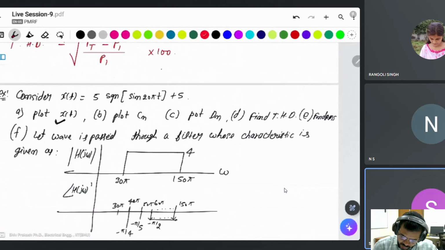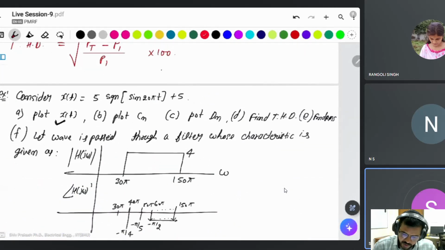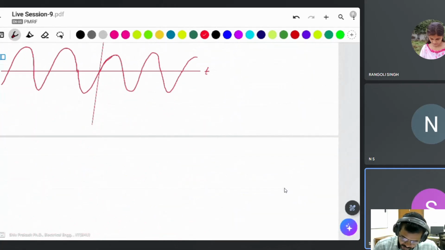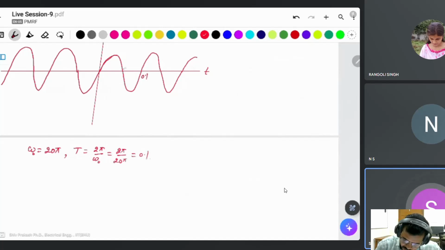Suppose the sine magnitude is 1, 20 pi t. What is the frequency? Omega is equal to 20 pi. Then the time period is 2 pi by omega. The omega naught is the fundamental frequency. The time period is 0.1, and half of it is 0.05.